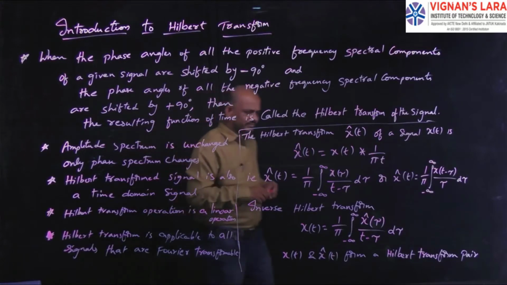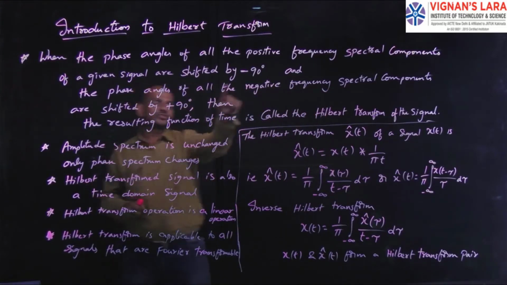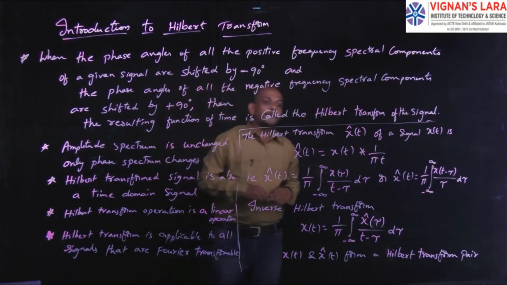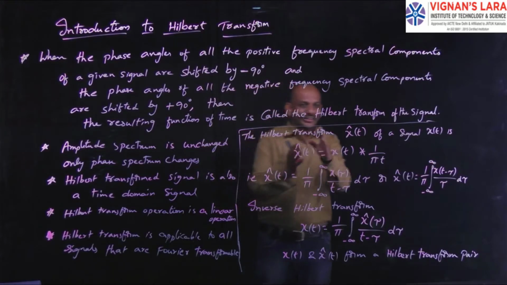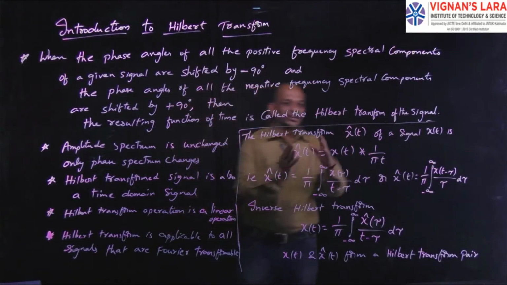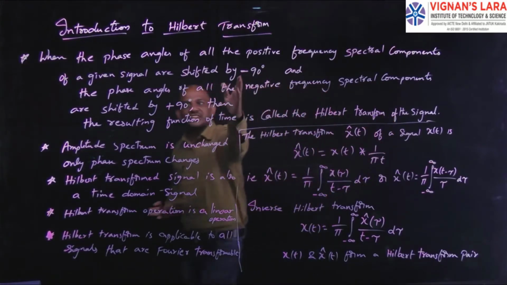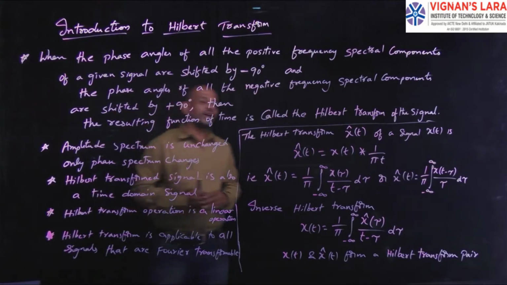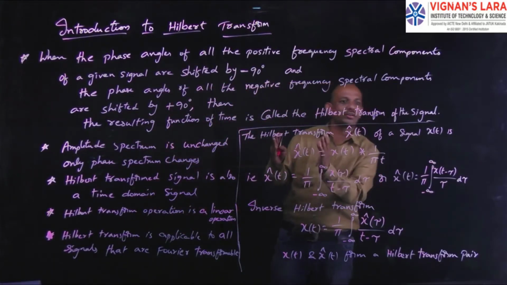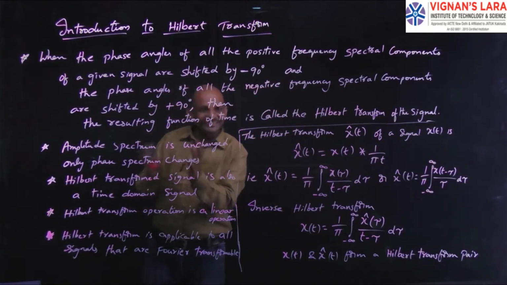Simple. Here, the positive frequency spectral components, that is all the positive omega, 2 omega, 3 omega, are shifted by minus 90 degrees, and the phase angles of negative frequency spectral components, negative frequency meaning minus omega naught, minus 2 omega naught, that is negative omega, are shifted by plus 90 degrees.